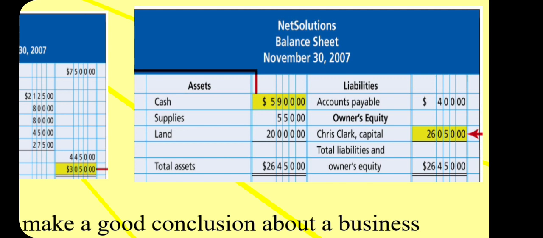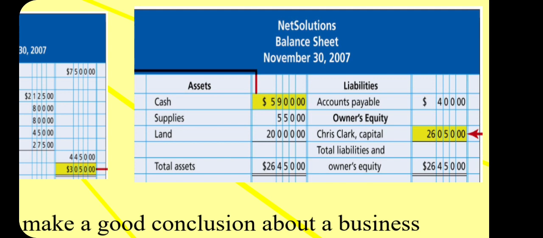So when you want to say something about the financial condition of a business, you look at the liabilities compared to the amount of total assets. The reason is if a business has high liabilities, the business is in a bad financial condition, because every month the business has to pay back the debts or liabilities.